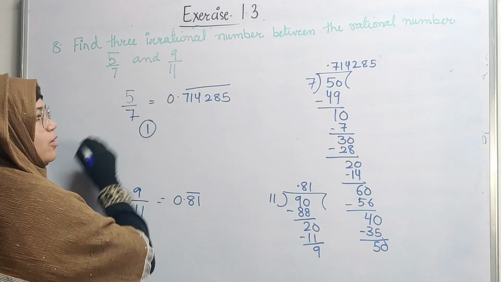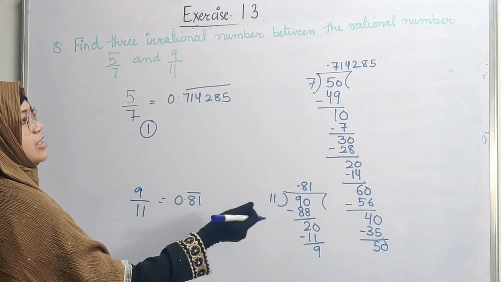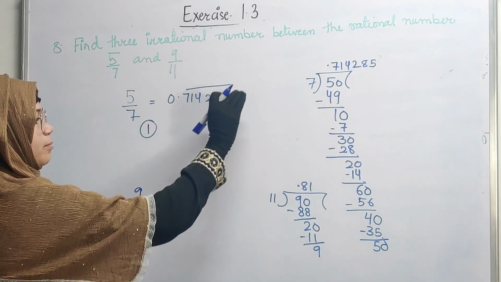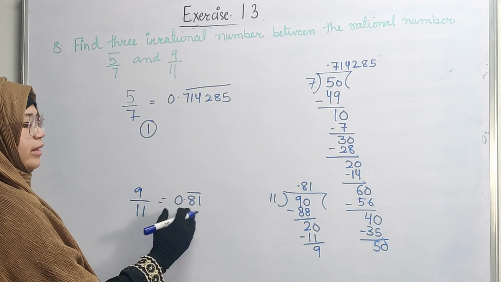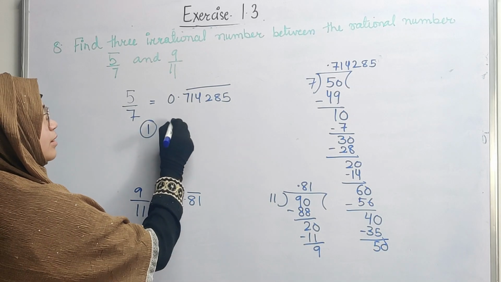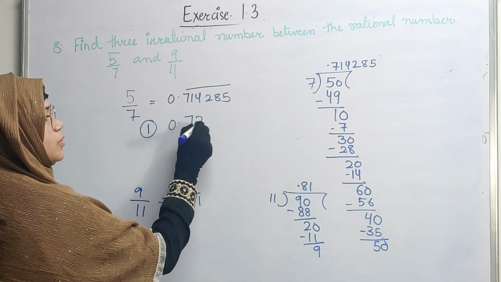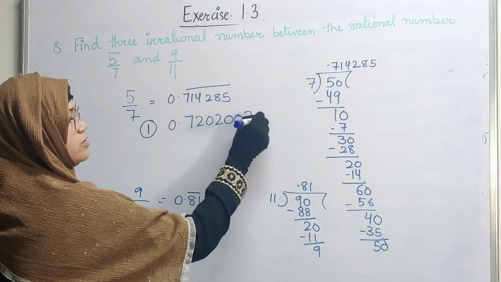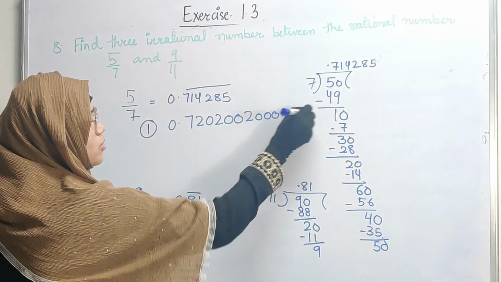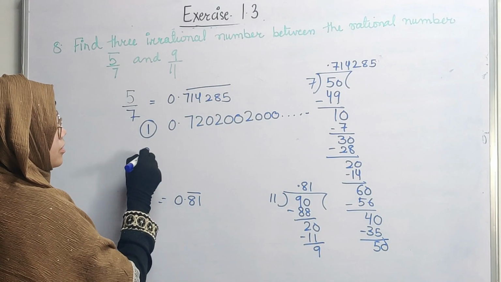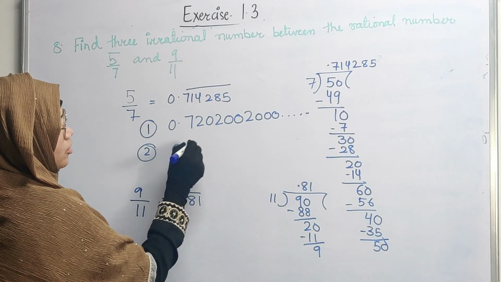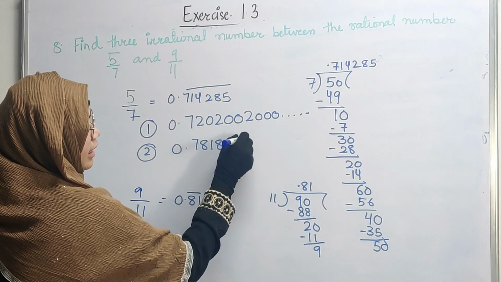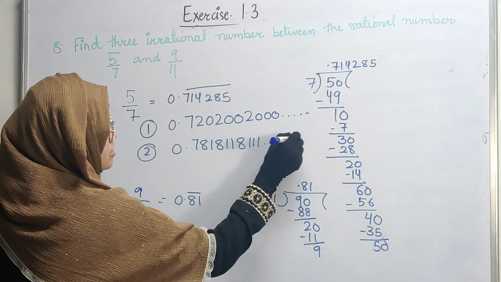So make by yourself any three irrational numbers which are greater than 0.714285 whole bar and less than 0.81 whole bar. Let's make 0.720200200 and so on. This is your first irrational number. Your second irrational number is 0.781, 811, 8111, and so on.